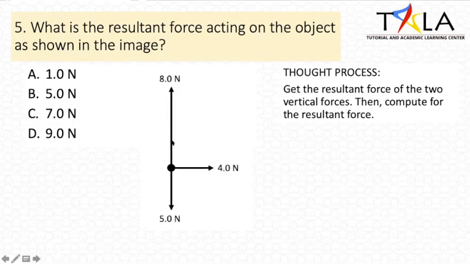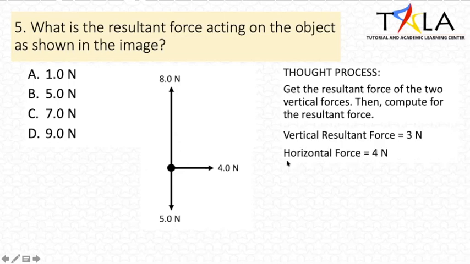So, getting the resultant force on the vertical axis, we just have to subtract 8 newtons and 5 newtons. Again, we subtract it kasi different sila ng direction. Okay? Ganun. And we also take note of the horizontal force. Since wala naman tayong ibang vector on the horizontal force, we just take the horizontal force 4 Newton.